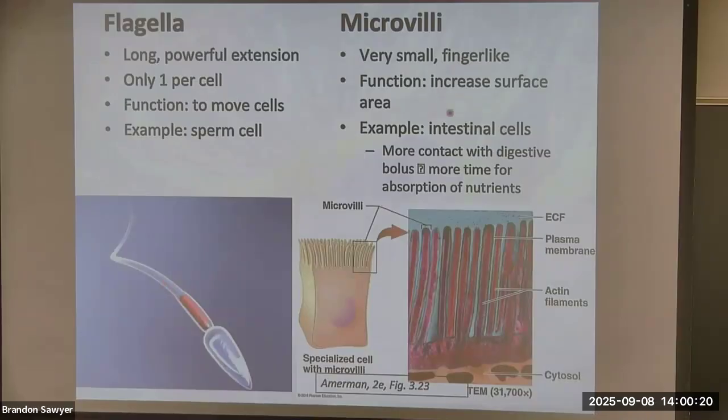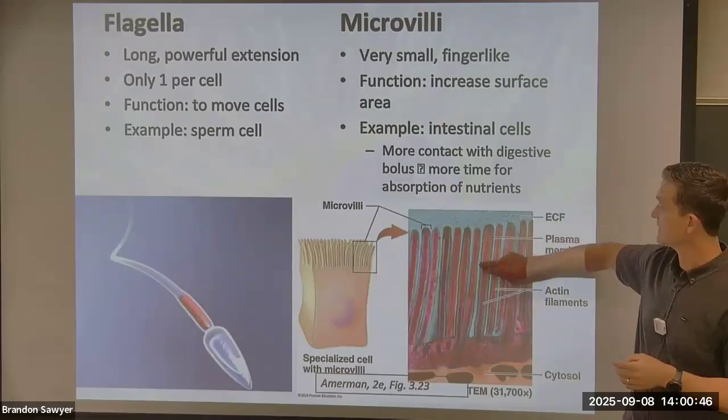Other cells would have microvilli, which are not quite like hair-like projections like the cilia, but more finger-like projections. And these are going to be covered with a bunch of proteins embedded inside of them. If we're talking specifically about our gastrointestinal tract, our small intestine has a bunch of these. This is what makes up what's called our brush border. And so we have brush border enzymes that are embedded into all of these.